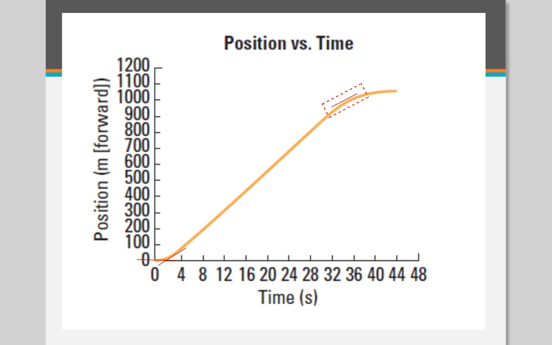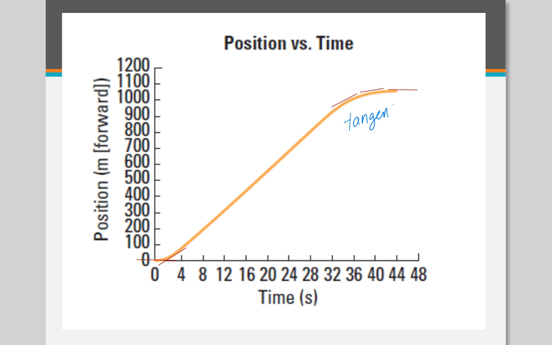Then what starts to happen? It starts to taper off, hey? See, those tangents are becoming flatter, which means it's slowing. Those tangents are becoming less steep. So jot that in.